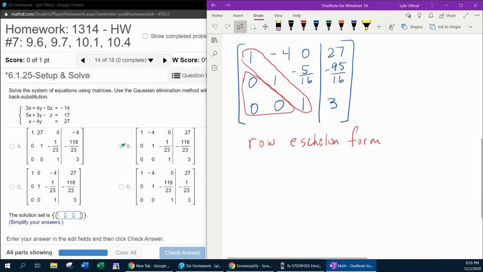All right, so now let's do back substitution to find the solution. And what back substitution says, it says start at the bottom row and convert that back into an equation. So this says no x, no y, 1z, which is z, equals 3.